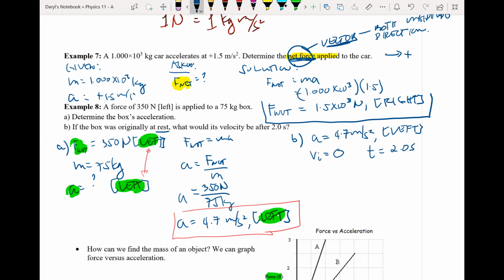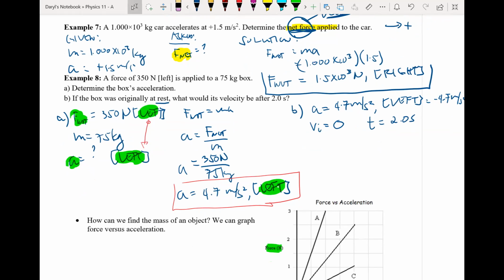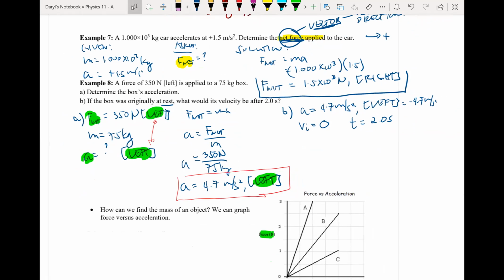So in this case, you can express this one as negative 4.7 meters per second squared. To solve, remember that the kinematics equation is applicable here because the acceleration is constant. So we can use one of the equations: V is equal to VI plus AT.